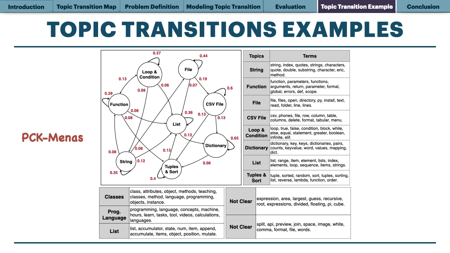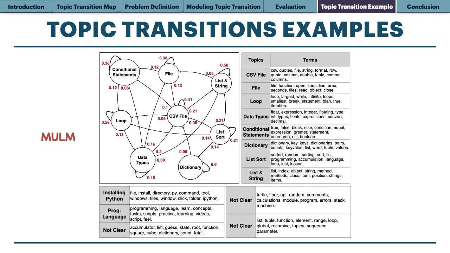And we can notice here PCK-means has extracted 11 useful topics with 2 topics that have unclear word distributions and cannot be mapped to any useful topics. And PCK-means has the best word distributions that clearly explain each topic. The mixture of unigram language model has modeled 10 meaningful topics with 3 topics of noise that cannot be mapped to any topics.